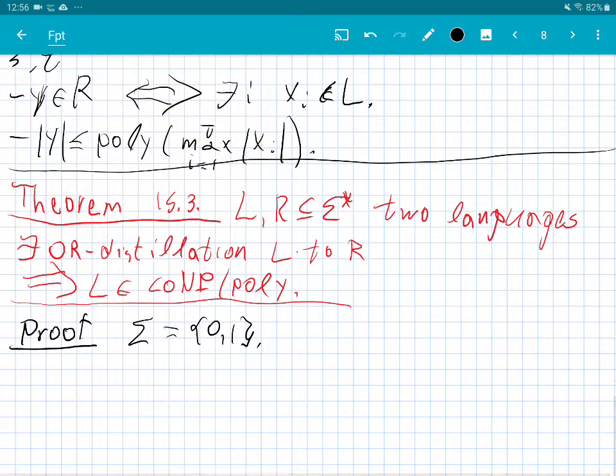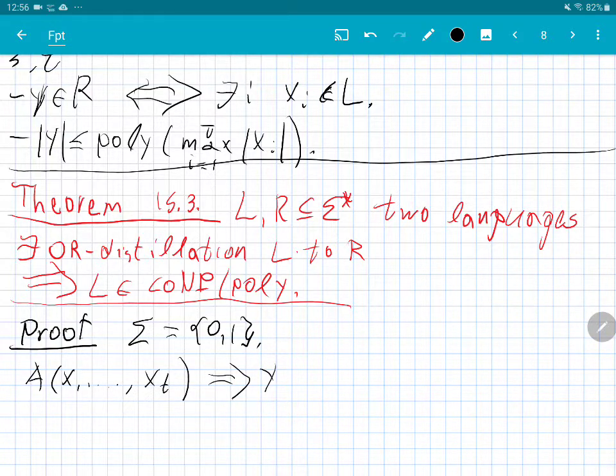And we have this OR compressor algorithm, the algorithm that takes those instances x1 to xt and generates this instance y in polynomial time. This is the OR compressor, the OR distillator, dist.